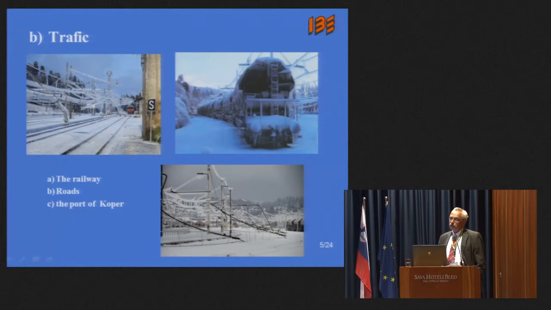And we needed a few days to find the right old diesel machines to operate the railways once more. Roads were also closed by fallen trees. Not highways, but all other roads were closed because a lot of trees fell down.